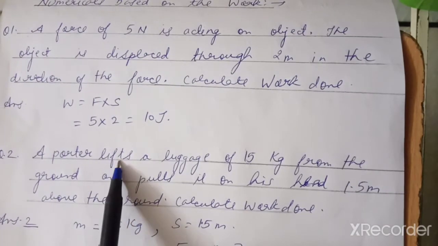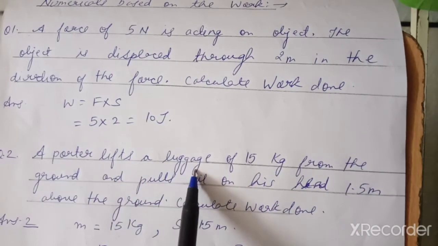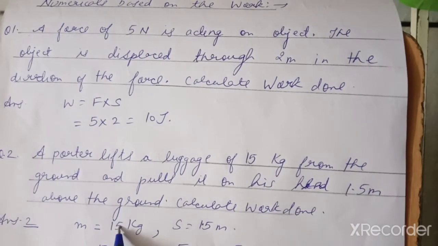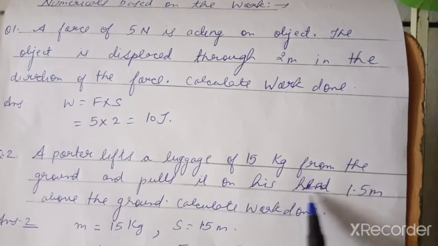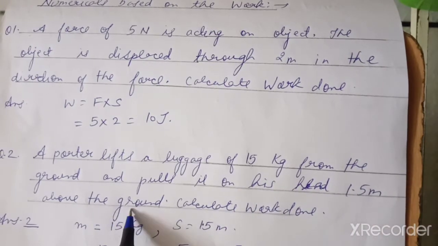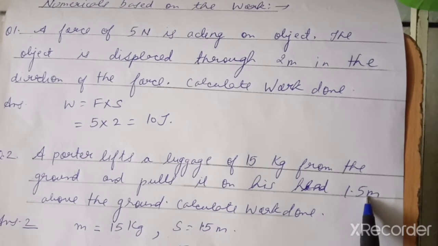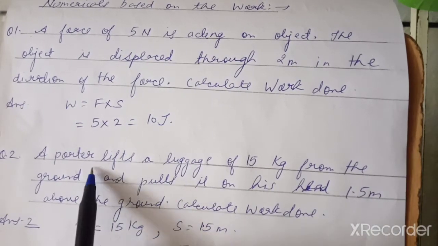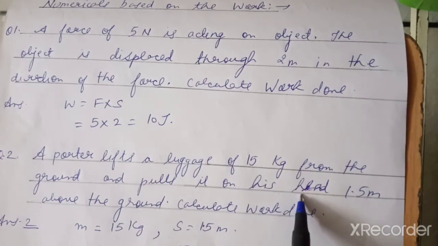In this case, you have to write down the given conditions. A porter lifts a luggage of 15 kg, so the mass is 15 kg, from the ground and puts it on his head 1.5 meter above the ground. The height, or the distance from the ground, is given as 1.5 meter. It means the porter is carrying a luggage of 15 kg and holding it on his head.